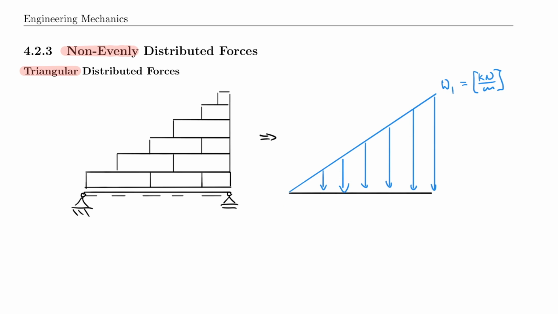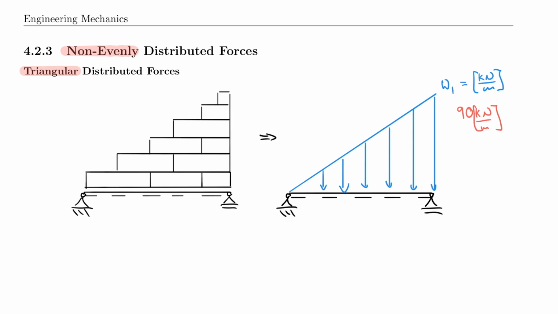But you would need to find a method to describe what force is actually acting on these support systems and how much force has to be carried by the rigid beam here on the bottom. So my first goal then is usually to define the slope of this line. And again, let's use some numbers here. So let's pretend that we have a force of, say, 90 kilonewton per meter.